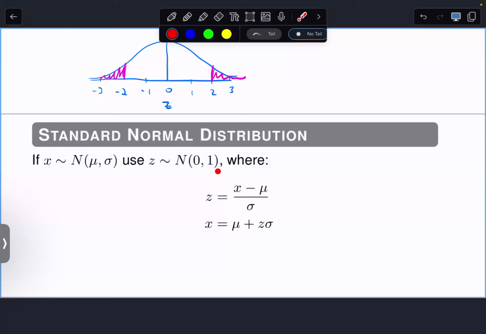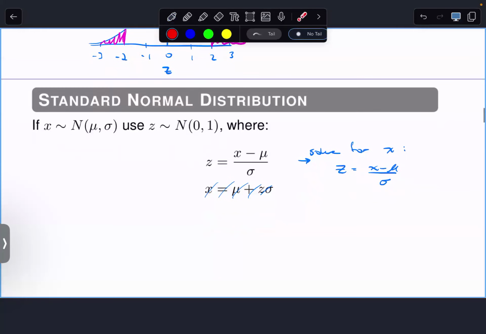Okay. Where Z, how do we get all our Zs? We take X minus mu divided by sigma. You don't even really need this part, in my opinion, because what is that? That's just solving this little guy for X. Z is X minus mu over sigma. You're going to multiply sigma over Z. Sigma is X minus mu.